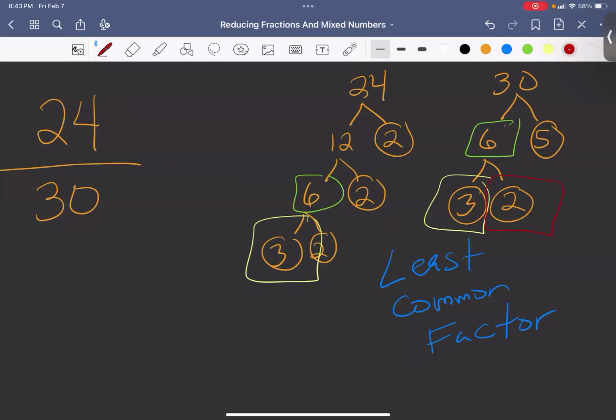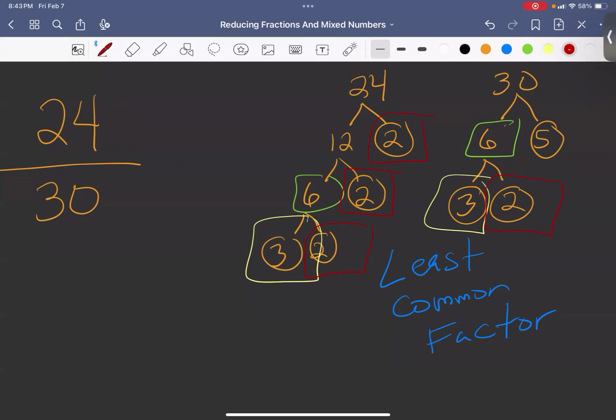There's 2. Okay, we have a whole lot of 2's. Which one should we use? All right. So the one we should use is the one that is the biggest, because when we use the biggest one, we won't have to divide again. Let me show you what I mean.